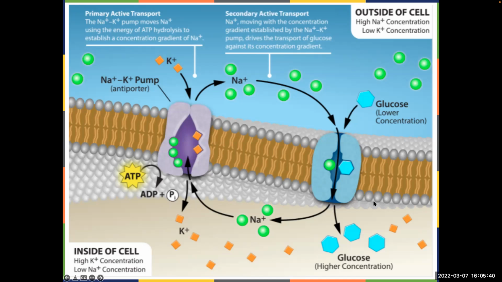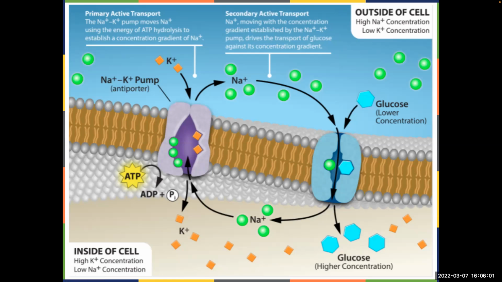So you're going to go against the concentration gradient by allowing a little bit of sodium to come back in where there's almost none and there's a lot of sodium out here. So the sodium really, really wants in. And by letting a little bit in, you can get that glucose in against the concentration gradient.